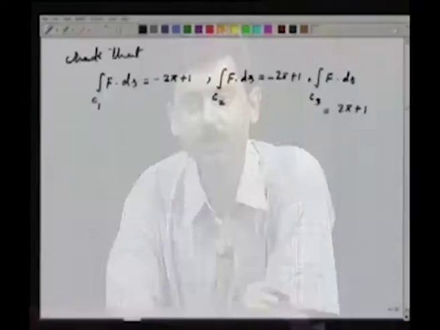Notice that the first integral and the third integral have different values, but the final point is 2 pi and the initial point is 0; they are joined by 2 different curves, and the integrals turn out different.